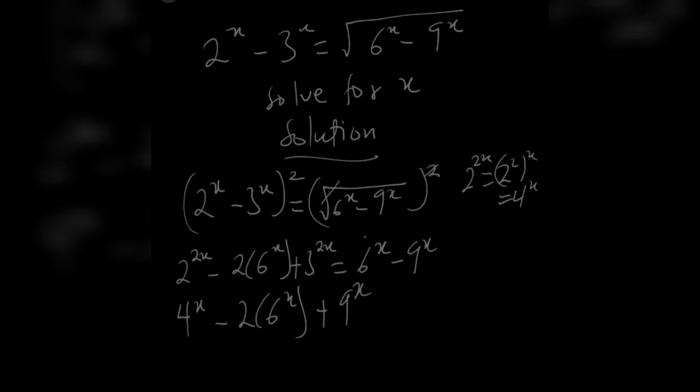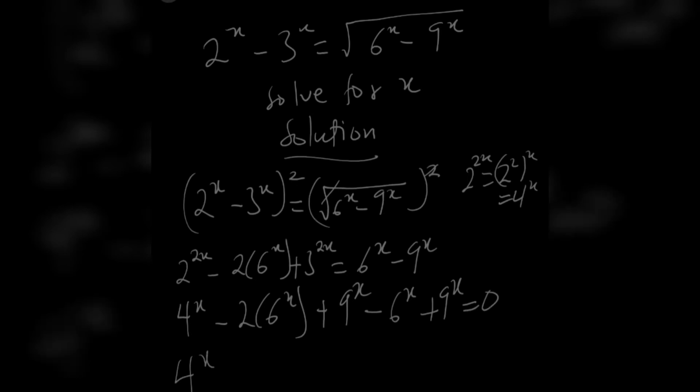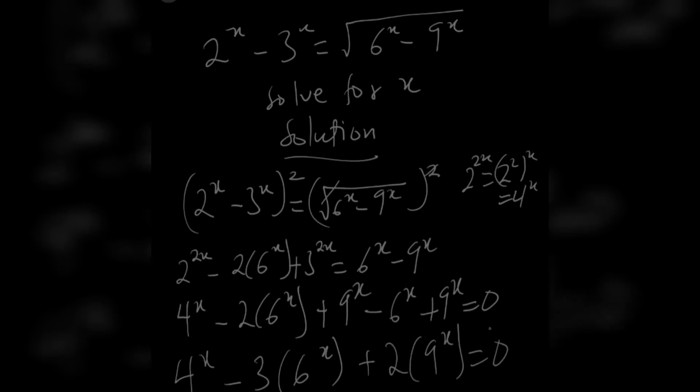So we move the whole of the right side to the left, so we get minus 6 power x plus 9 power x equals 0. We get 4 power x minus 2 times 6 power x minus another 6 power x, which is minus 3 times 6 power x, then 9 power x plus 9 power x gives us 2 multiplying 9 power x equals 0.